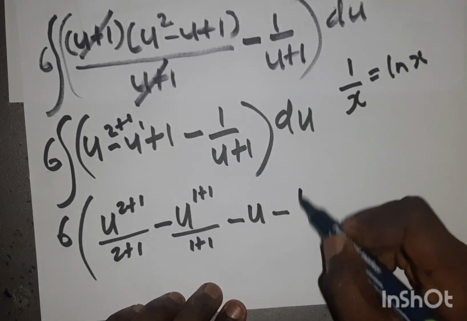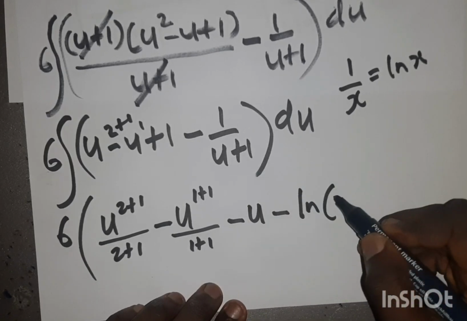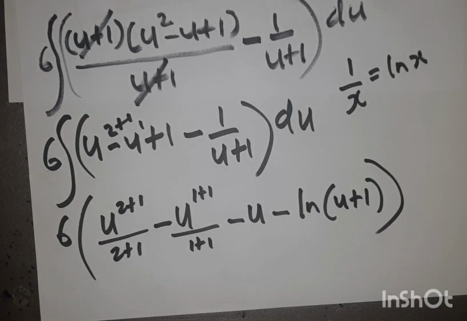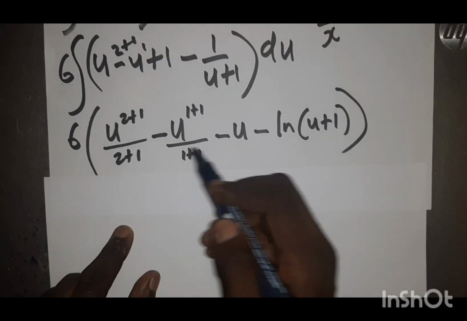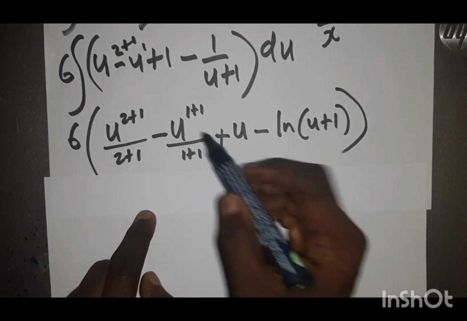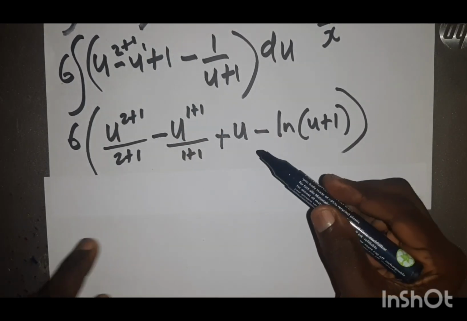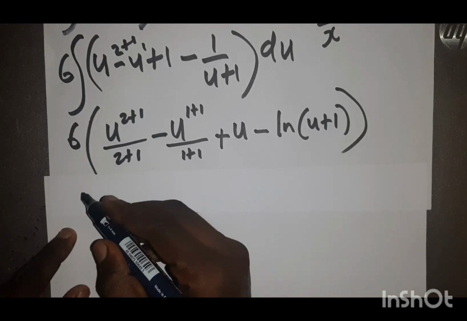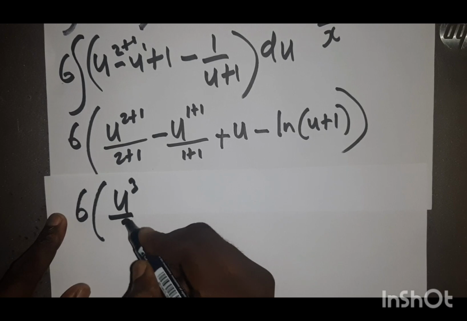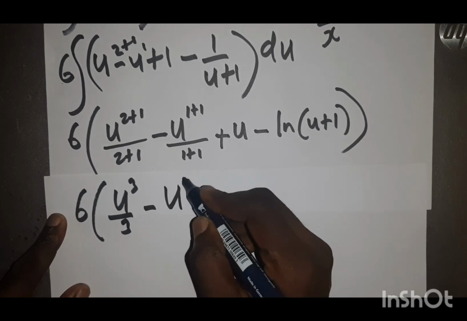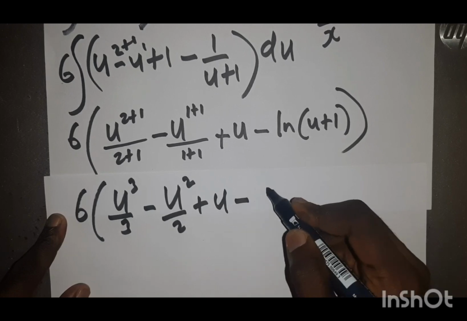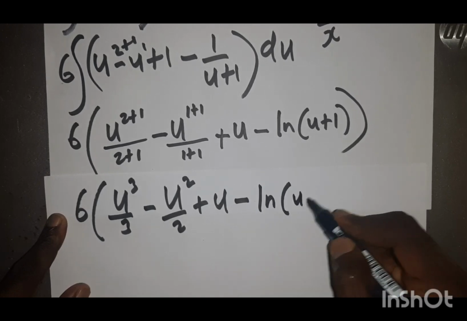So this will now be ln of u plus 1, and that's it. Let's continue evaluating. Oh, this is supposed to be plus 1 here, so plus u, and here now becomes 6 times u raised to the power 3 over 3 minus u raised to the power 2 over 2, then plus u, then minus ln of u plus 1.